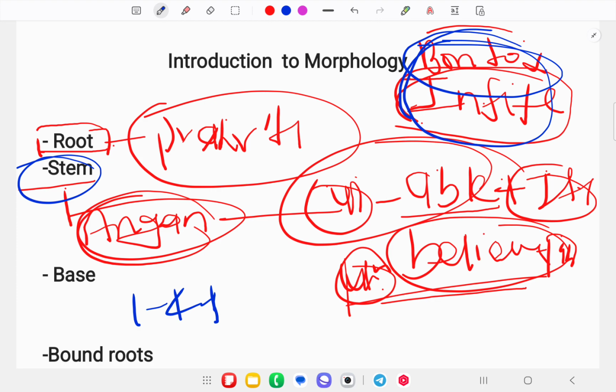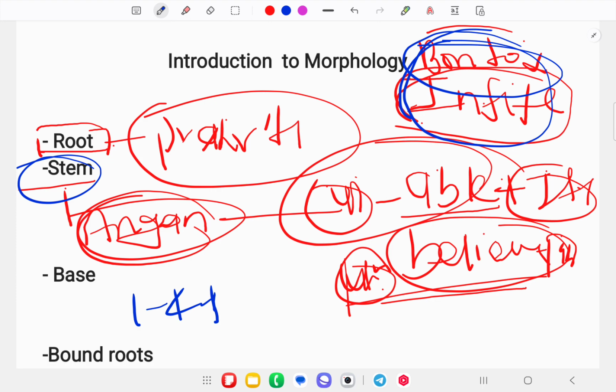According to Panini, a form to which an affix is added is called the angam. There is not much difference between the modern definition and that of the ancient linguist, the father of grammar, who is known as Panini.